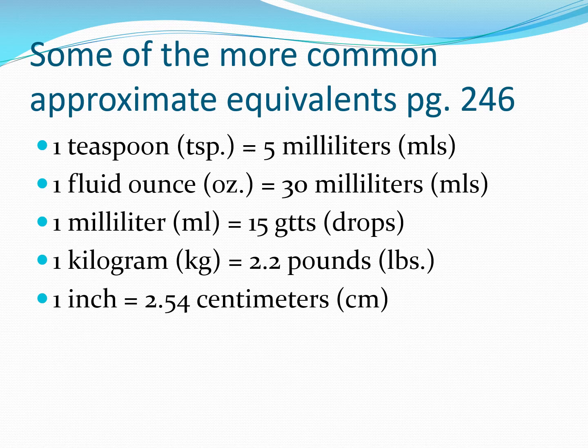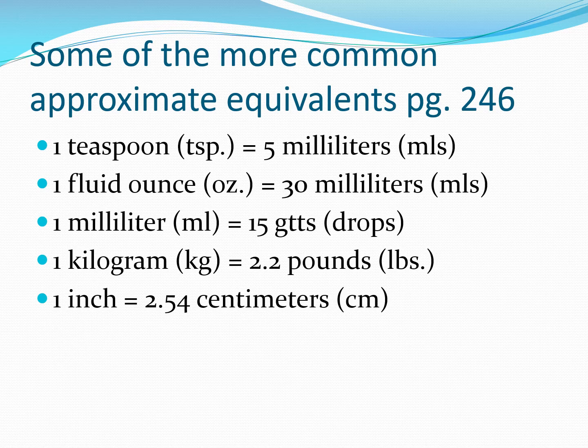A teaspoon is equivalent to about 5 mils, or 5 milliliters. 1 fluid ounce is equal to 30 mils. 1 mil is equal to 15 drops. Approximately, depending on the drip rate on your IV tubing, 15 drops is a standard drop. So 15 drops would be equal to 1 mil.